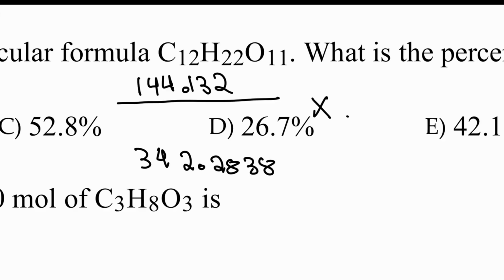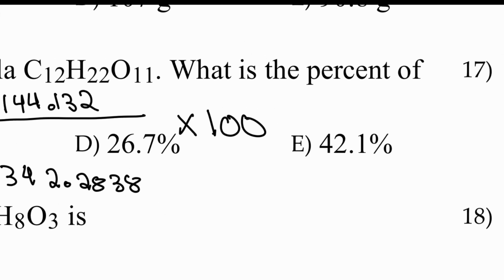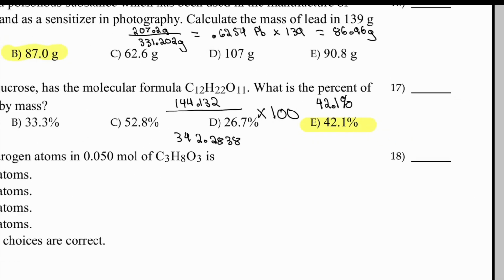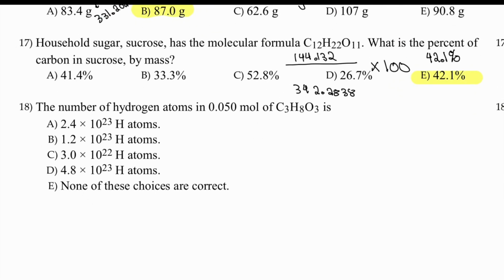We are going to multiply by 100 because they want a percent now, which is going to be, not that, 40. I thought that was 9, but no, it's going to be 42.1%. Bam.